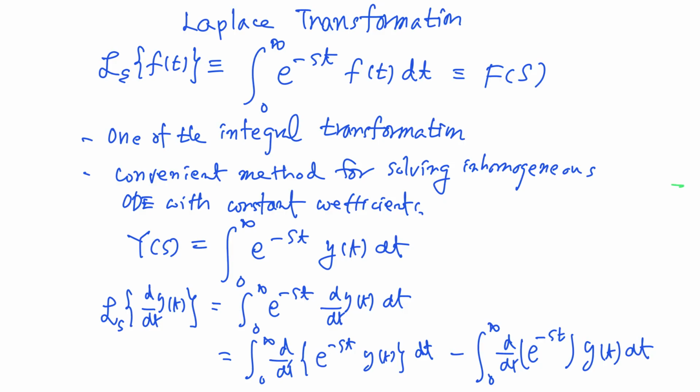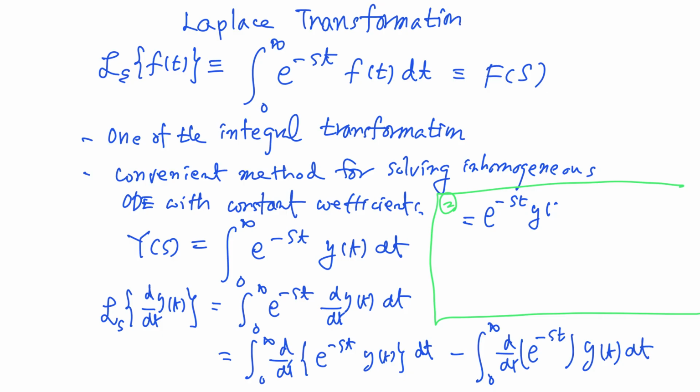So let's save some space here. Then it becomes e^(-st) y(t) from 0 to infinity, and minus the integral of, what happens if you differentiate e^(-st) by t?